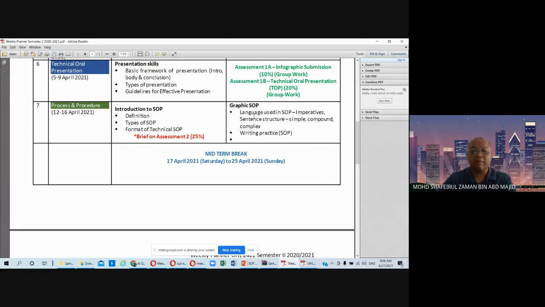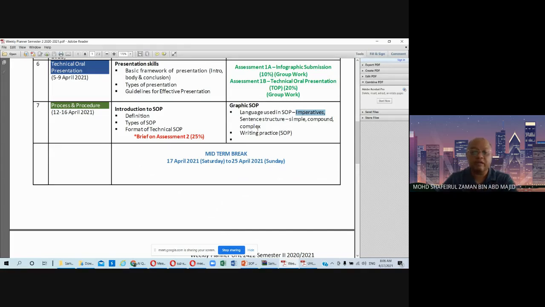Remember, when it comes to a standard operating procedure, you need to use imperatives, because it is going to be an instruction. You are giving instructions to the people so that they will perform the task based on the SOP given.